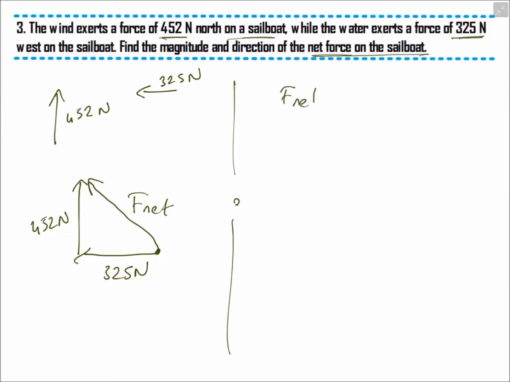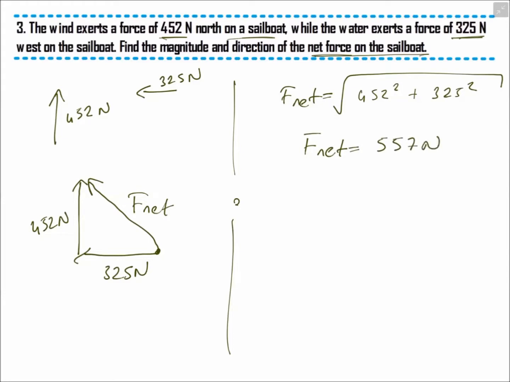So F net equals the square root of 452 squared plus 325 squared. So net force will be 557 Newton. Then we have to calculate the direction. This is the angle.